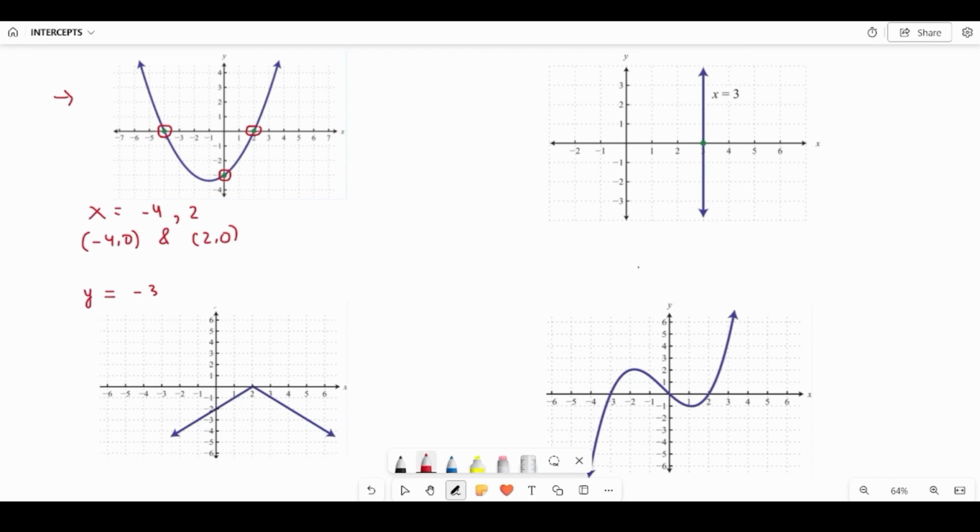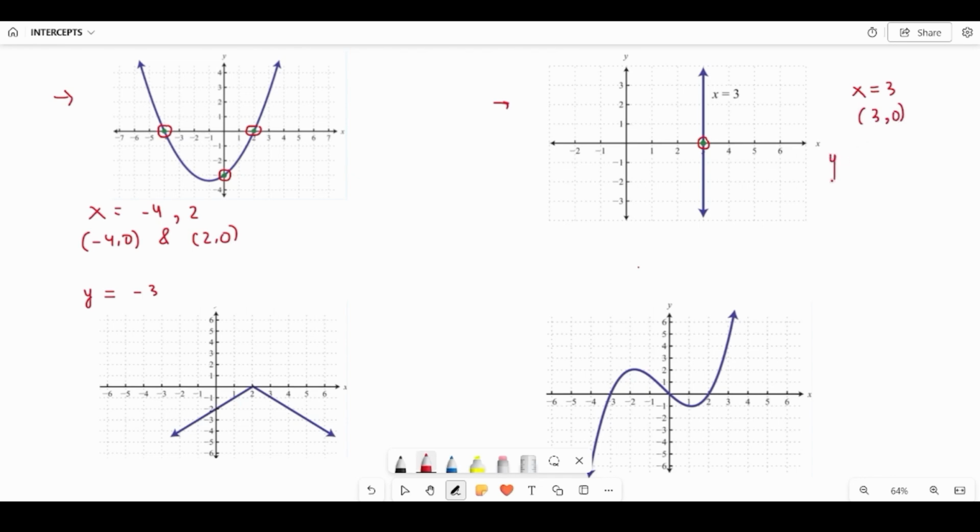As you can clearly see, the graph is touching the y-axis at y equals -3. Now in this one, you can see that the graph is touching the x-axis at x equal to 3. So your x-intercept is x equal to 3, or in ordered pair you can write it as (3, 0). Now here you can see that there is no point at which the graph is touching the y-axis.